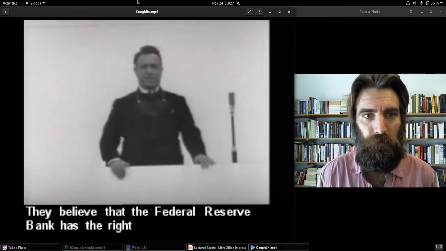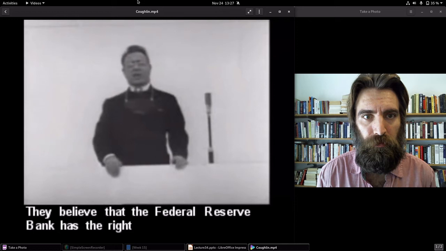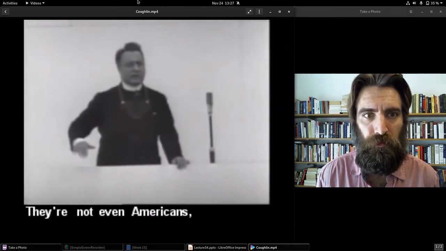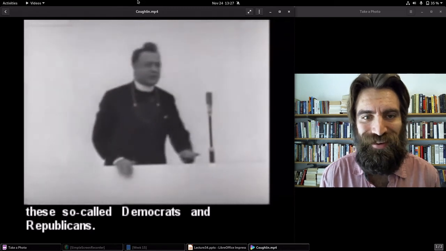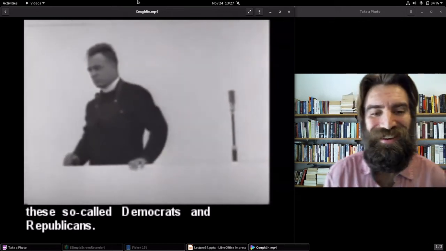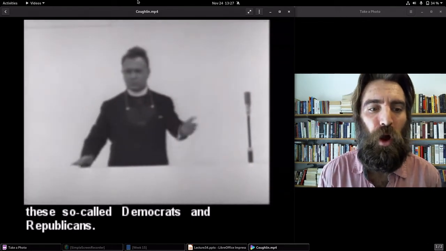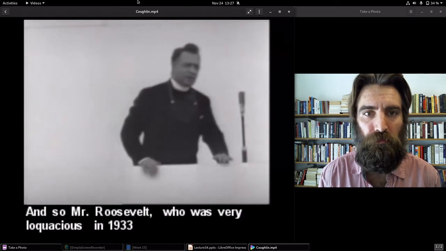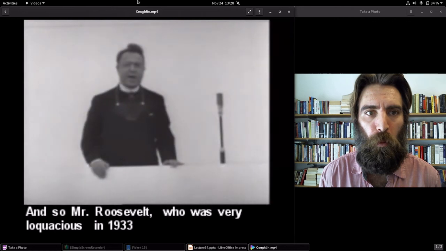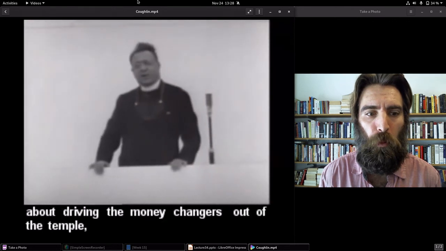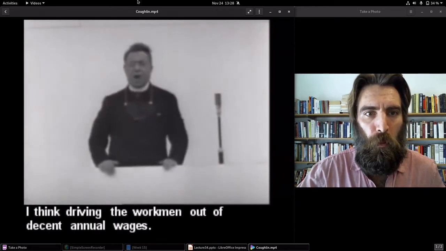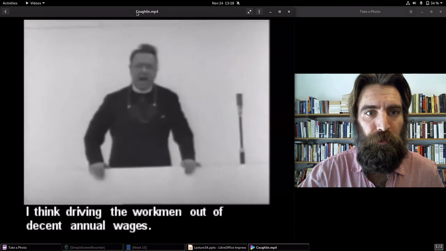They believe that the Federal Reserve Bank has the right to coin and regulate the value of money. They're not even Americans, these so-called Democrats and Republicans. And so, Mr. Roosevelt, who was very loquacious in 1933 about driving the money changers out of the temple, is now bent upon another policy. I think driving the workmen out of decent annual wages.